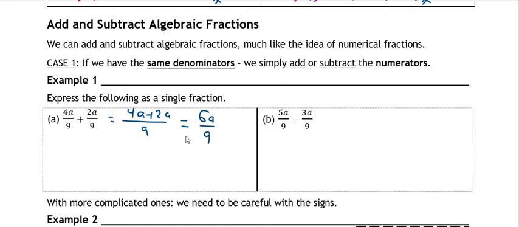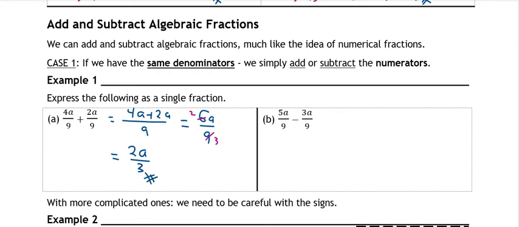Whenever you see this, you can simplify 6 over 9, numbers with numbers. 6 divided by 3 and 9 divided by 3, you'll have 2 out of 3. So your final answer will be 2a over 3.